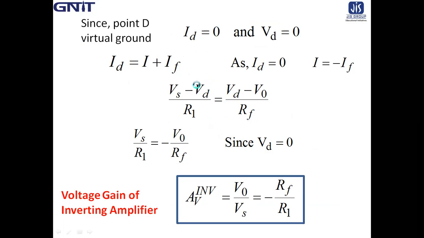We know that the voltage Vd at point D is 0 due to virtual ground. So we can write Vs by R1 equal to minus V0 by Rf.